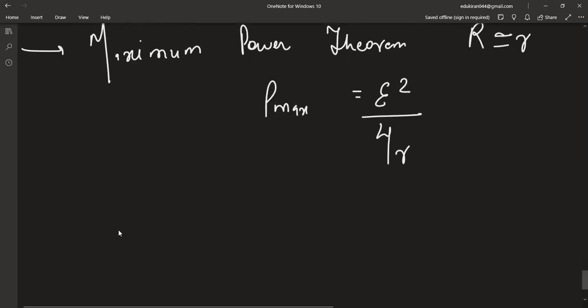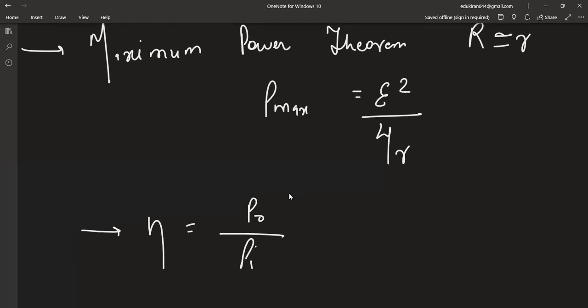This can be asked. And one more thing, efficiency is output power divided by input power. This is how efficiency can be asked.